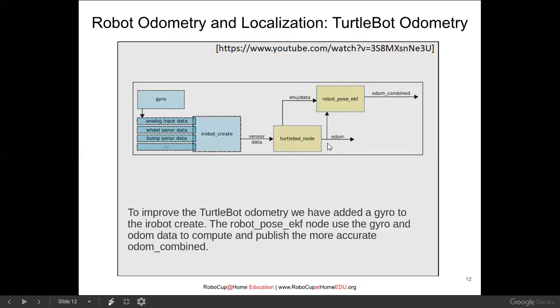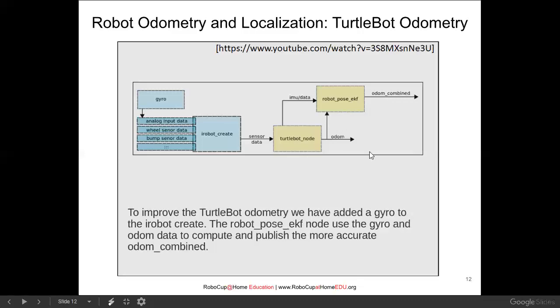Using these two sets of data, we use the extended Kalman filter, right? If you're interested, the Kalman filter is a very widely used filter in mobile robots for time series data analysis. It is used to combine these two sets of data, find the differences, and give you an accurate estimation of the odometry.